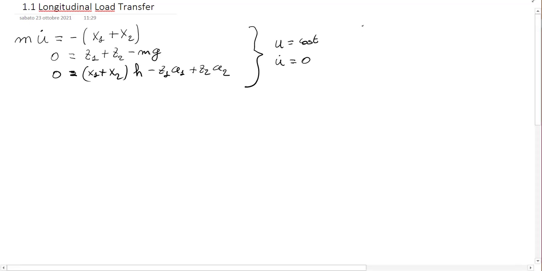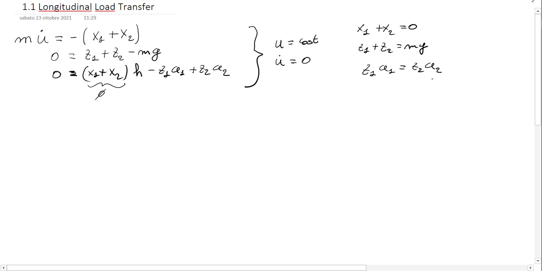We know that x1 plus x2 equals 0. The second equation is exactly the same, so z1 plus z2 equals mg, and the last one is equal to 0, so we have z1 a1 equals z2 a2.